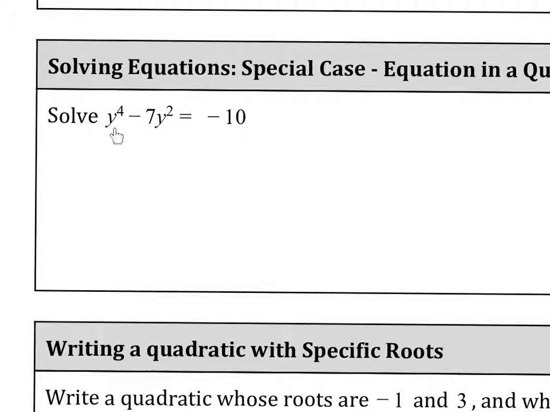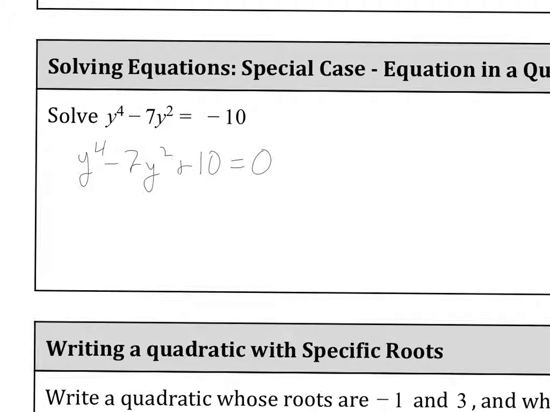So to kick this off, we're going to start with getting one side set equal to 0. That's what we're going to do. So I'm going to add a 10 to both sides, and I'm going to be left with something like y to the 4th minus 7y squared plus 10 equals 0.